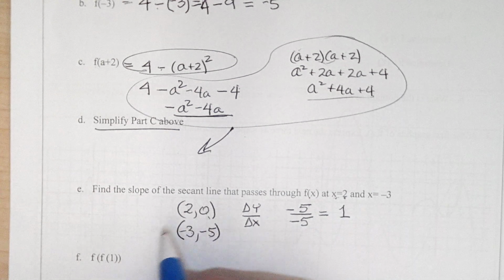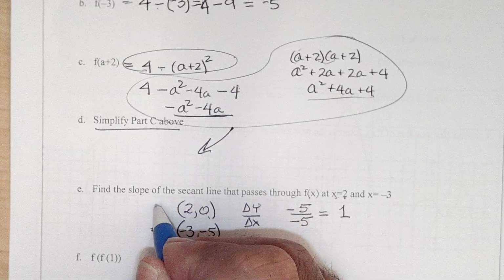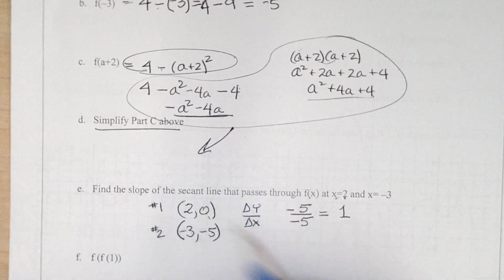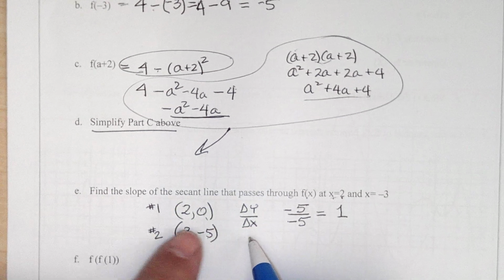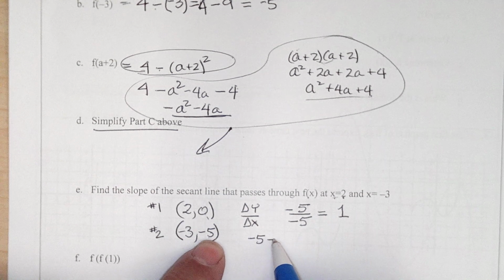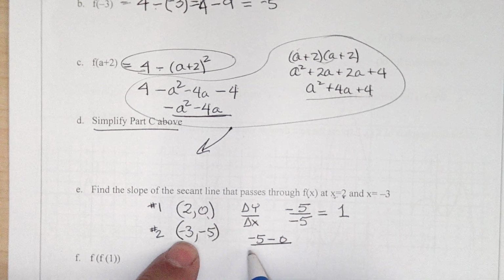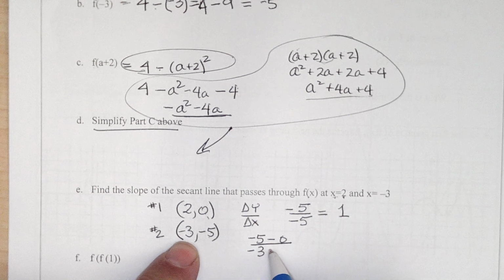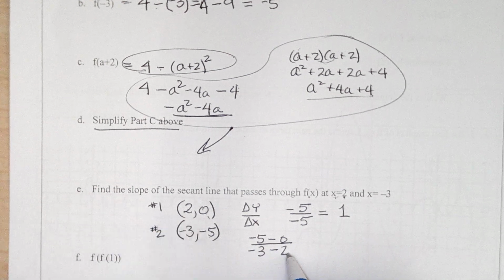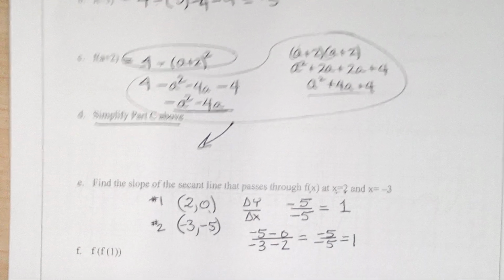Or you can think of this as point number 2, and this is point number 1, and do y2, y from the second point, subtract y from the first point, over x from the second point, minus x from the first point, and that gives you -5 over -5, which is 1.